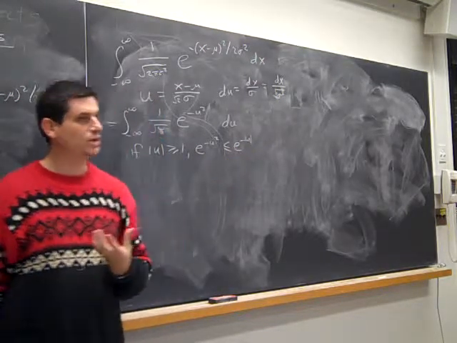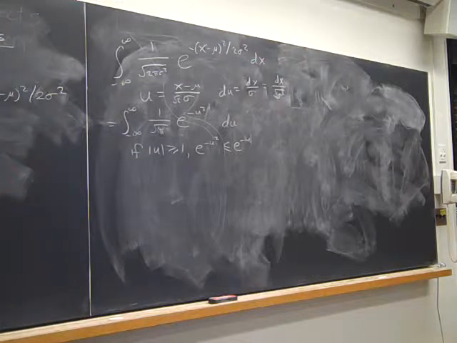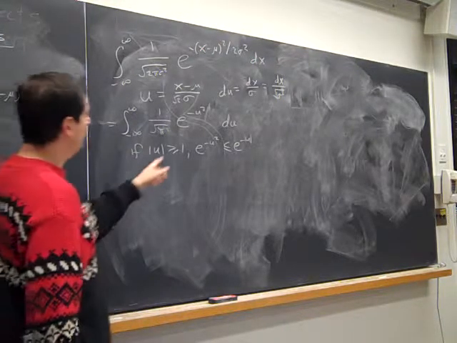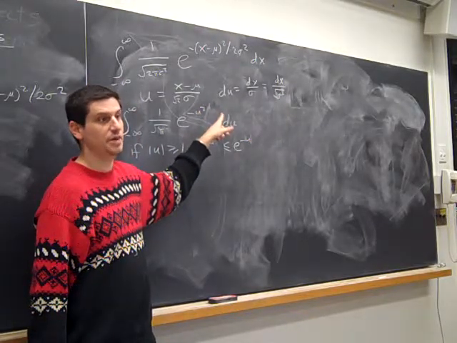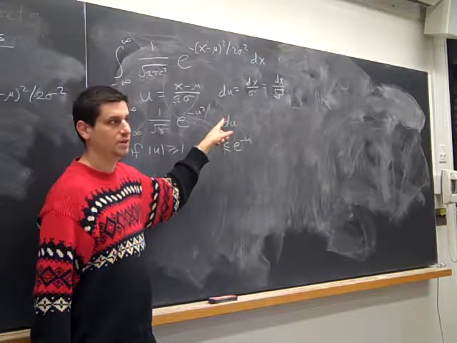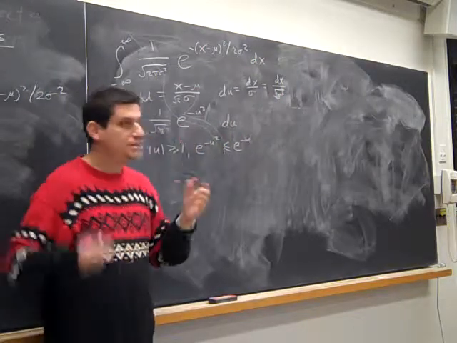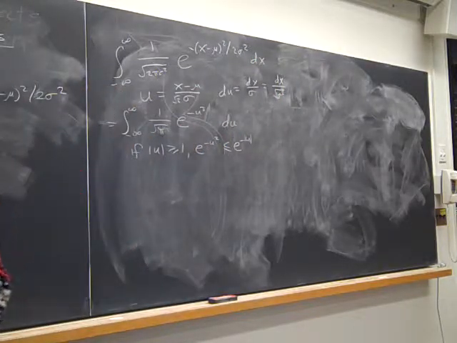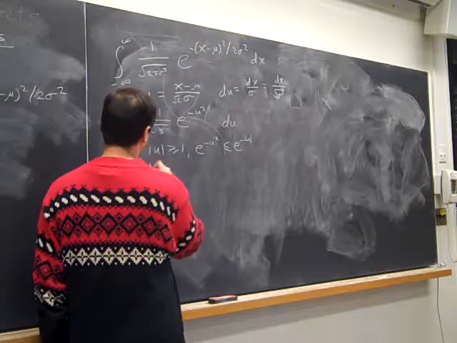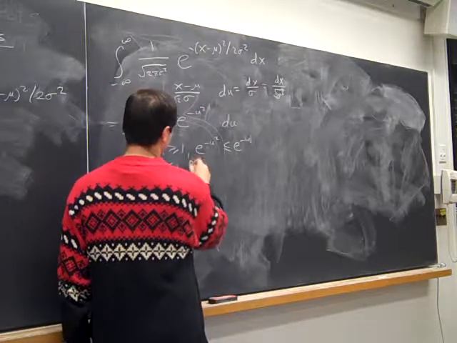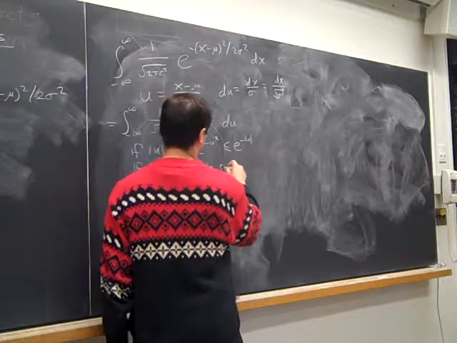Is e to the minus u squared still less than or equal to e to the minus u? No, put in u equals 1/2. E to the minus 1/4 is larger than e to the minus 1/2. But that's okay. The interval from minus 1 to 1 is going to give a finite contribution. So we can use this over there. If the absolute value of u is less than or equal to 1, it's a finite contribution.